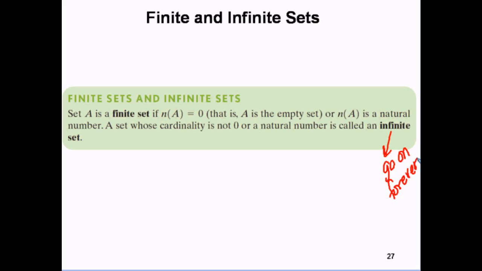If you think of the biggest number you could possibly ever even think of, you can always add 1 to it. And then you can add 1 to that, and add 1 to that, and so on and so forth forever. It would never end. You can always continue to add 1 more. So that's when you get infinity, infinite sets.